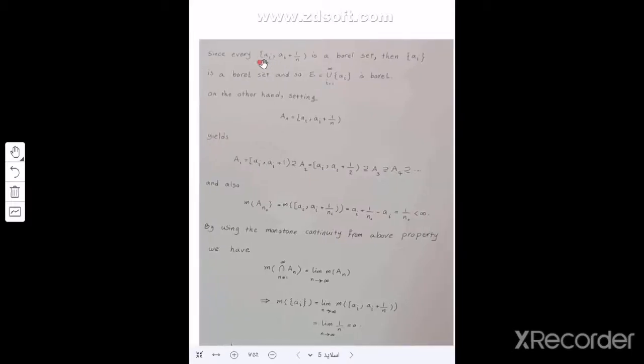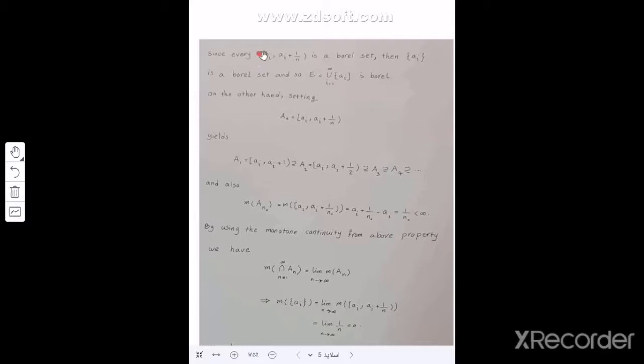Every such interval is a Borel set. Why is this interval a Borel set? You must tell me. The Borel sigma algebra is closed under countable intersection.